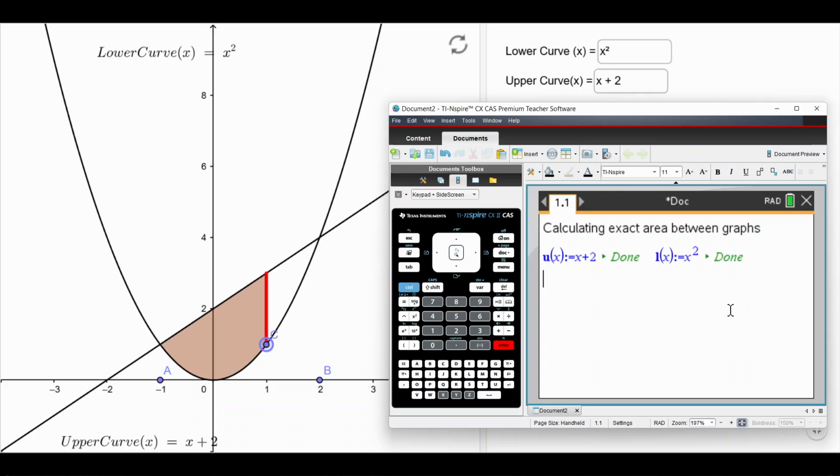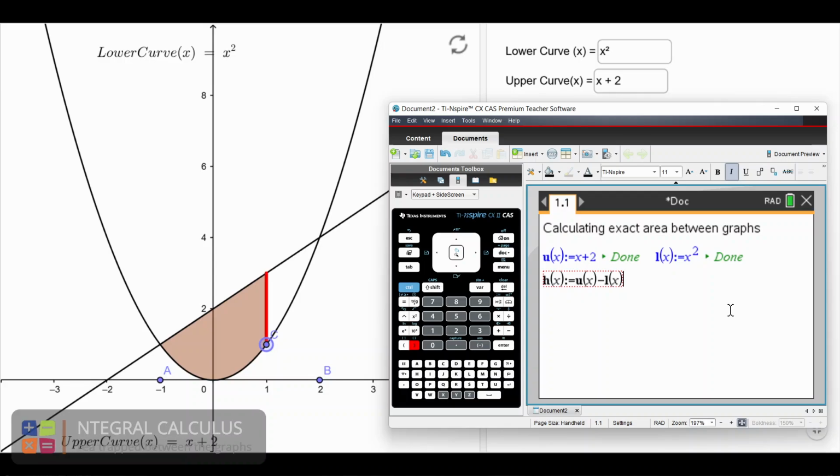After that, find the height of the strip. We'll write a height function for the strip, and let's say this is h of x, and that is the upper function minus the lower function. Always upper function minus the lower function. And we have defined the height function.